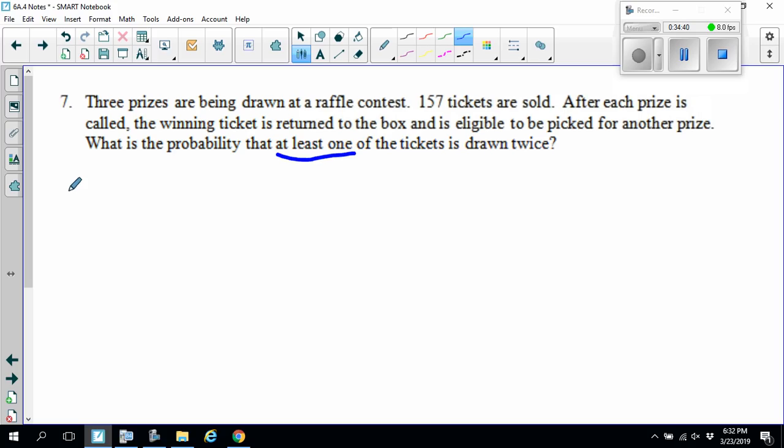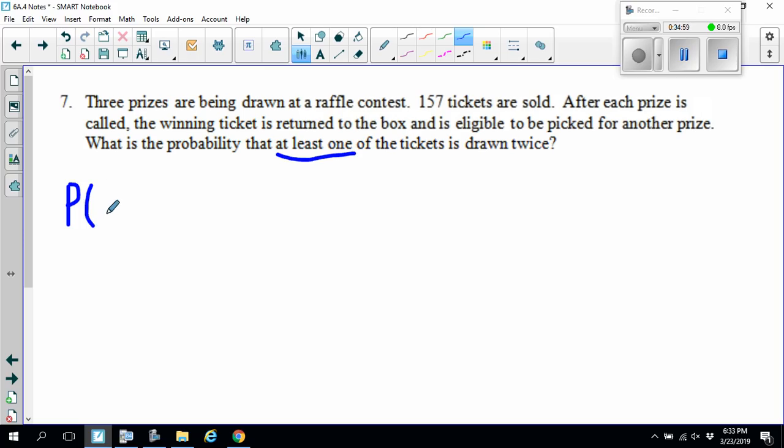So this is what we're trying to do. Once again, we're going to do the complement, because if we actually had to find at least 1, 2, 3 tickets or anything like that drawn twice or more, that would be very long and very hard. So let's do the complement, all right?